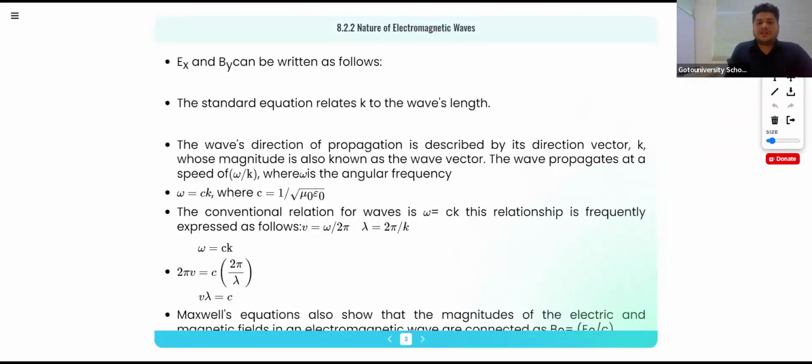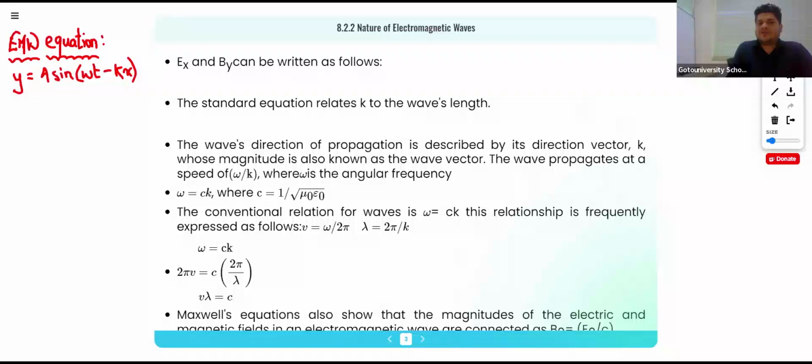First we'll see the electromagnetic wave equation. We have y is equal to a sine of omega t minus kx.